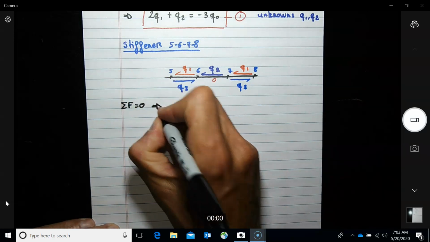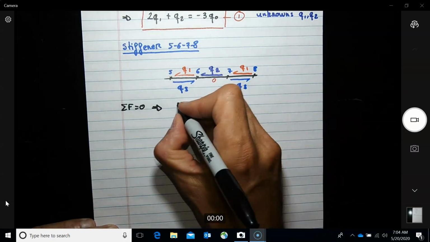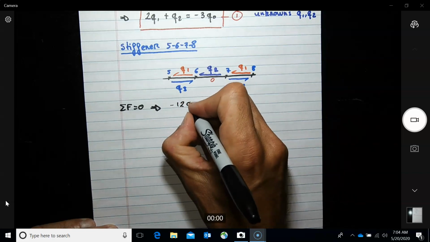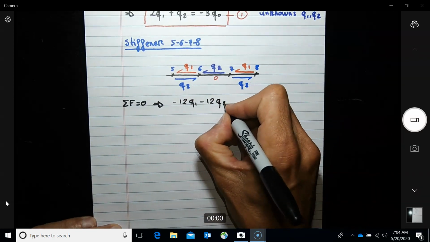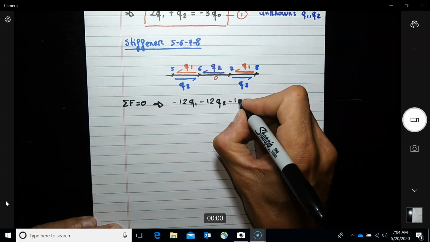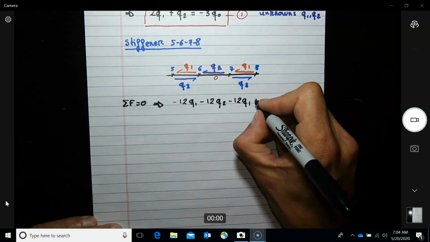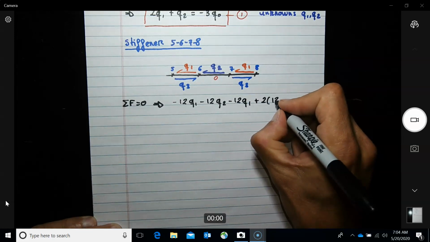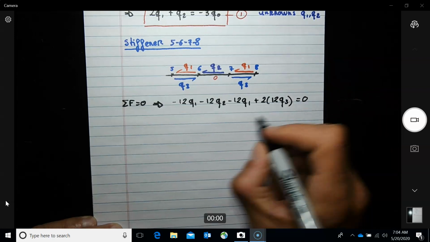Alright, so again we apply the summation of forces equal to 0, and this is going to give us what? Minus 12 Q1 minus 12 Q2 minus 12 Q1 plus 2 times 12 Q3 will be equal to 0.